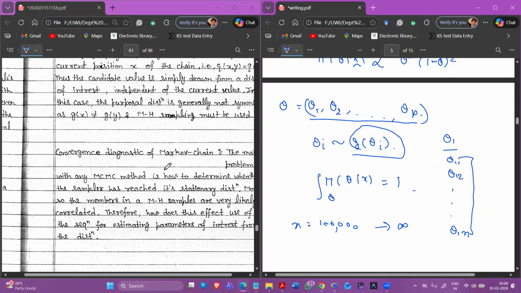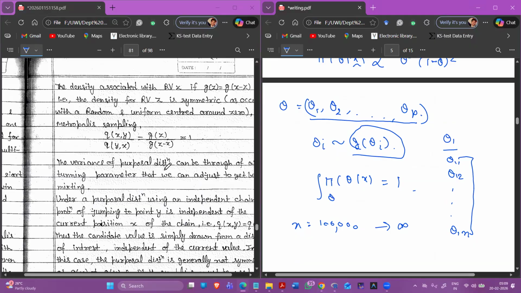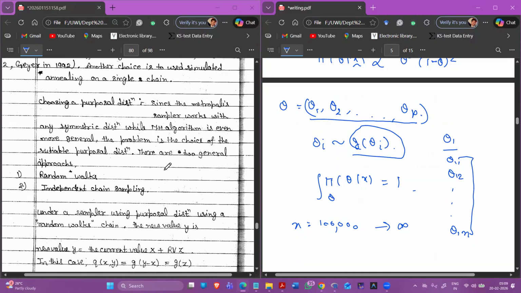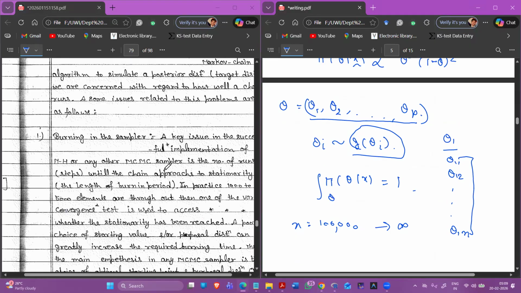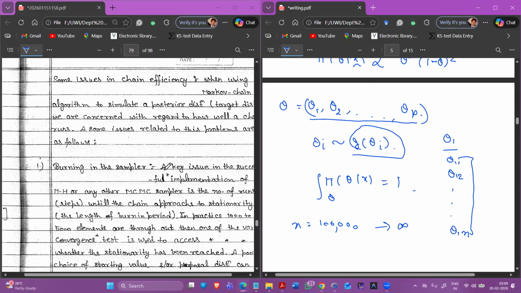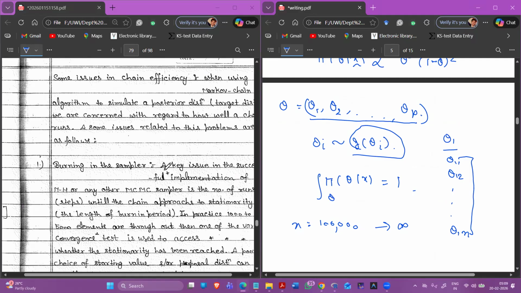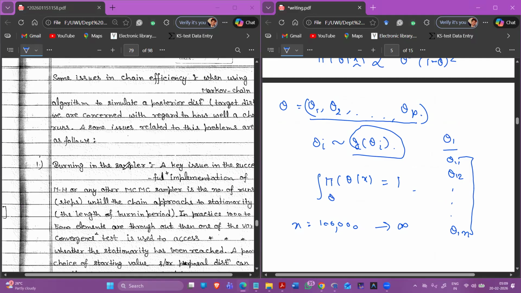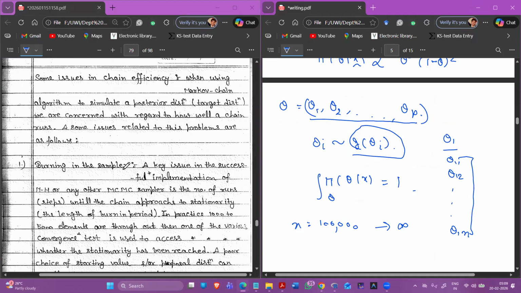So for that, what do we need to do? First of all, the issue that we will call the issue in the chain efficiency. This term is used when using a Markov chain algorithm to simulate the posterior density or the target distribution.